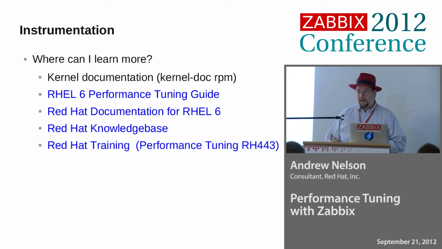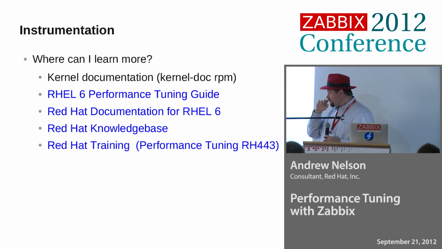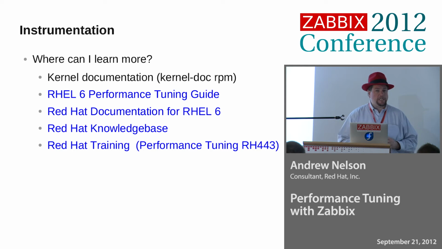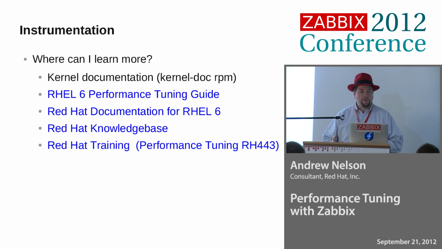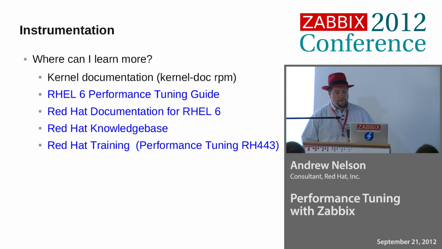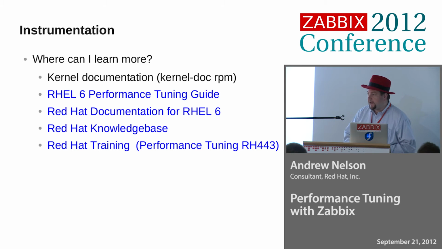The Red Hat knowledge base, I like to call this the secret sauce. The knowledge base is available to any customer who has a Red Hat subscription. In there you will basically find specific KB articles describing many issues that customers have had and how to tune or fix appropriately for them.